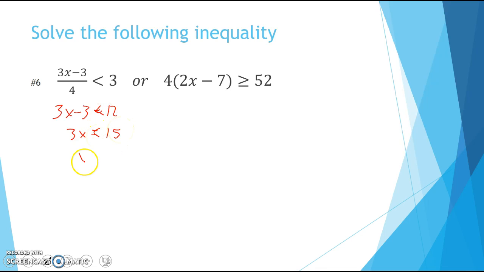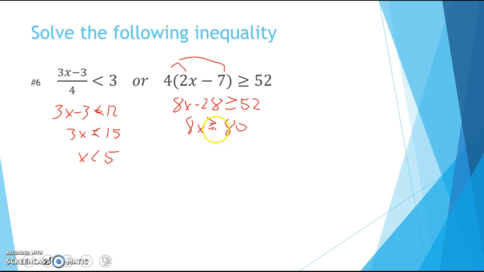If I divide by 3, I'd have x is less than 5. If I solve the other half of this, I'd probably just start by distributing the 4. That's going to be 8x minus 28 is greater than or equal to 52. Then if I add 28 to both sides, I'm going to have 8x is greater than or equal to 80. If I divide by 8, then x is greater than or equal to 10.